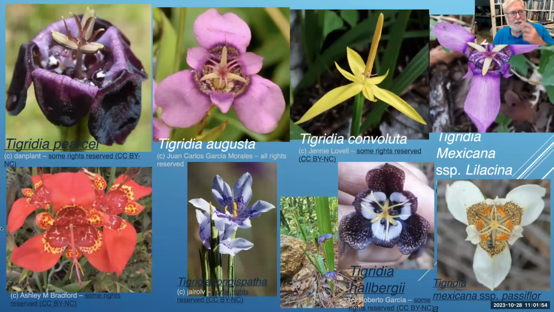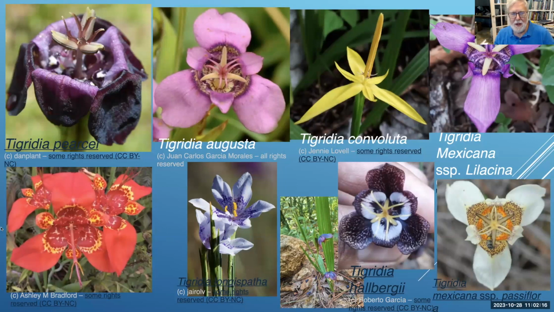And some of the ones like this purple one, Piercei, it's probably less than an inch, and the flowers hang down. So like the one down below, also Hellbergii, that has the fingers around it. They're holding it up because, as you can see on the plant, they sort of droop.